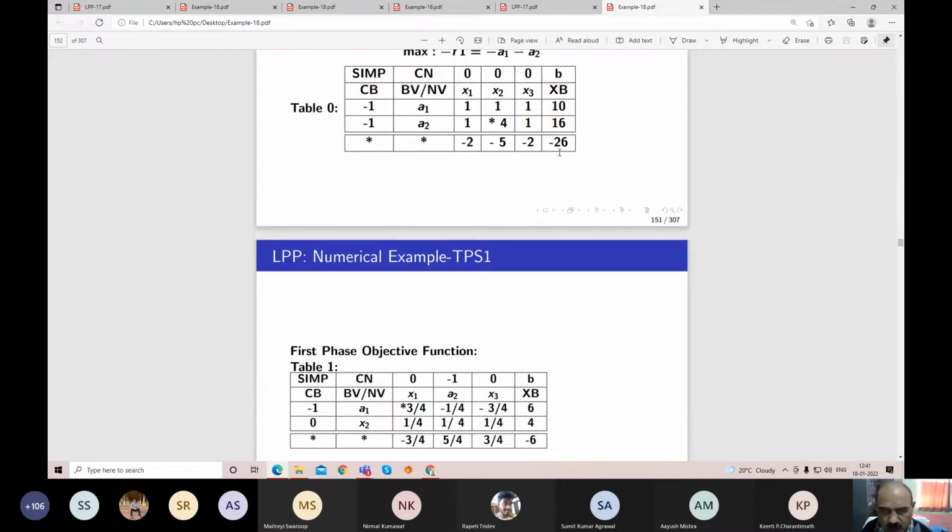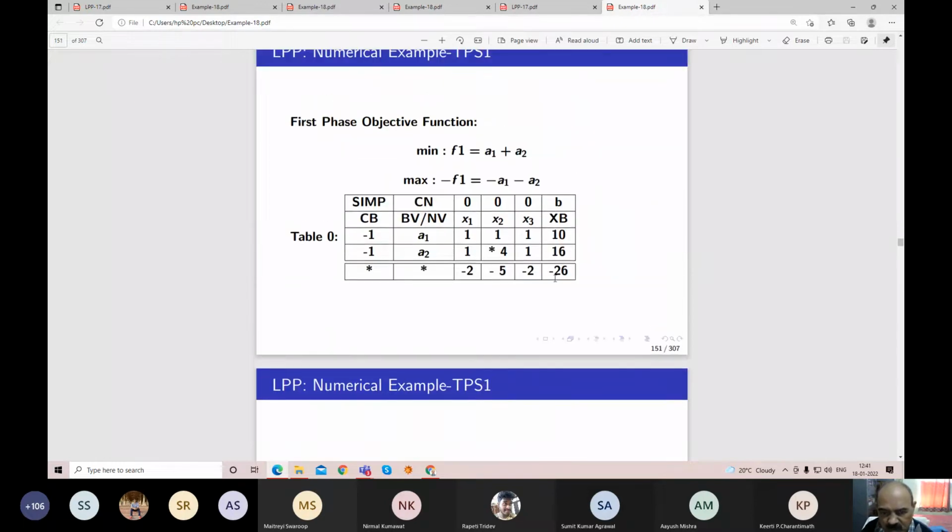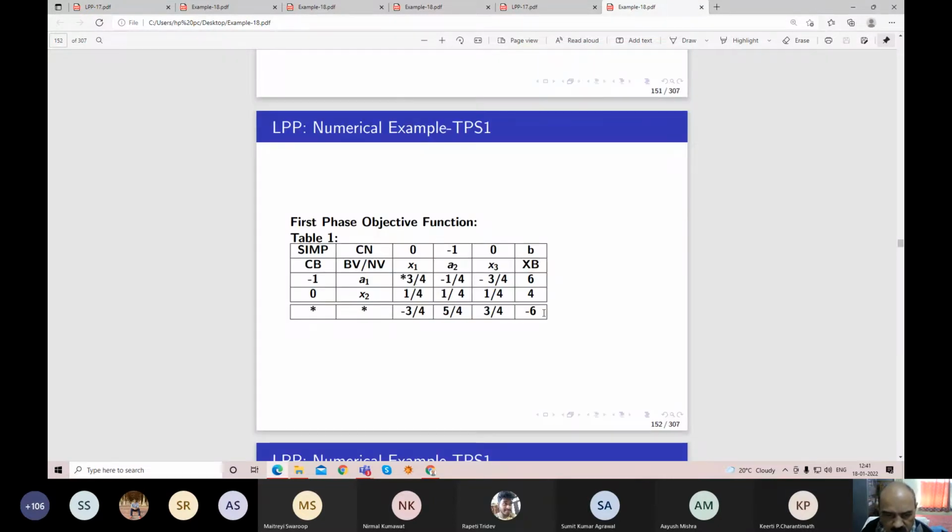Earlier it was 26. Why 26? 10 plus 16, 26, there is a minus sign, so minus 26. Here we are adding a1, a2, so due to that, a1 equal to 6 with a minus sign, so minus 6. That's all. This is the table. Earlier we had two artificial variables.